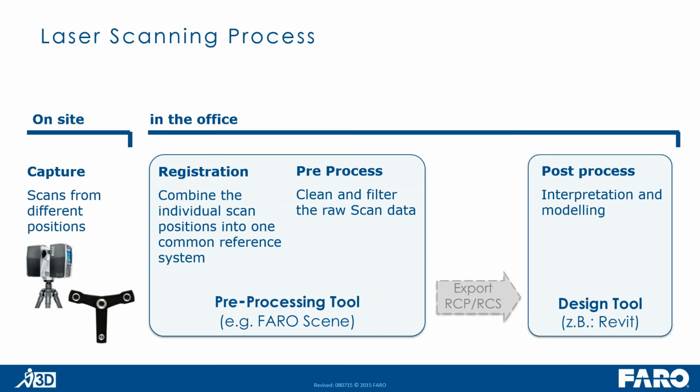So we are able to export from Faroscene directly into this file format, or you can also use Autodesk Recap to create your RCS point clouds from any hardware manufacturer from laser scanning. So from any hardware you can create these files and use this in the Autodesk world, and so also in Revit.